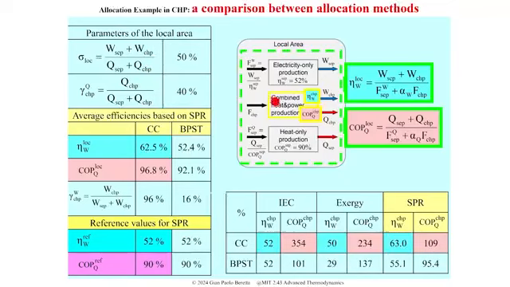And also that your cogeneration facilities cover 40% of the heat production in the local area. With these numbers, you can compute the local averages. And these local averages are 62 for work and 96.8 for heat. For work, it's not too far, but for heat, it's far, because 109 is very far from 96.